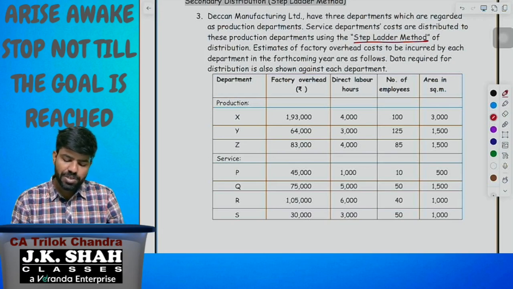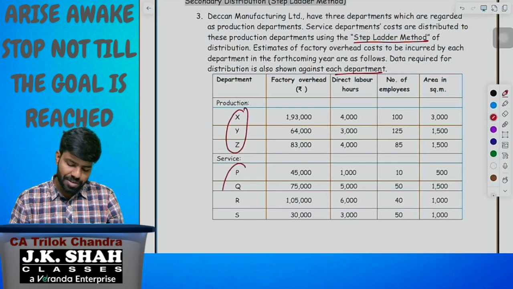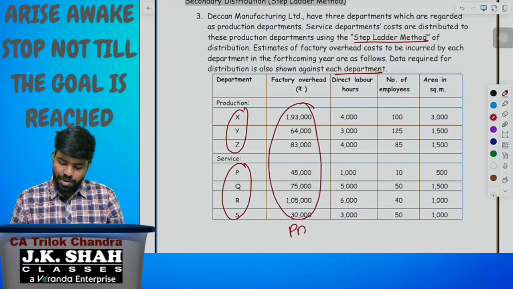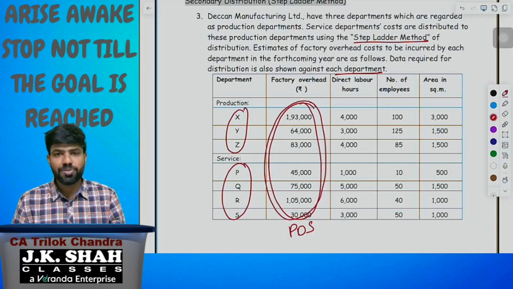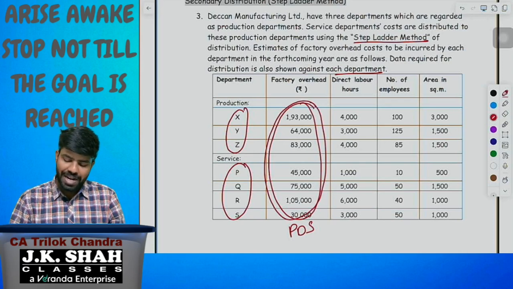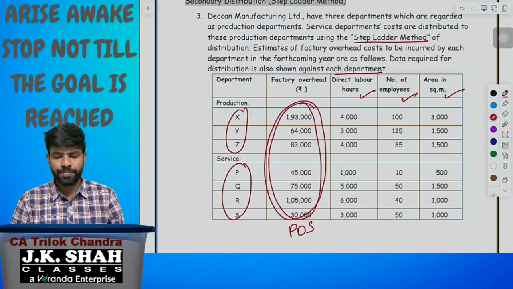Data required for distribution is also shown against each department. Production departments are 3, service departments are 4, factory overheads given, in our language, primary distribution summary. Next, they have given direct labor, number of employees, area in square meters. These things will help to do the redistribution.